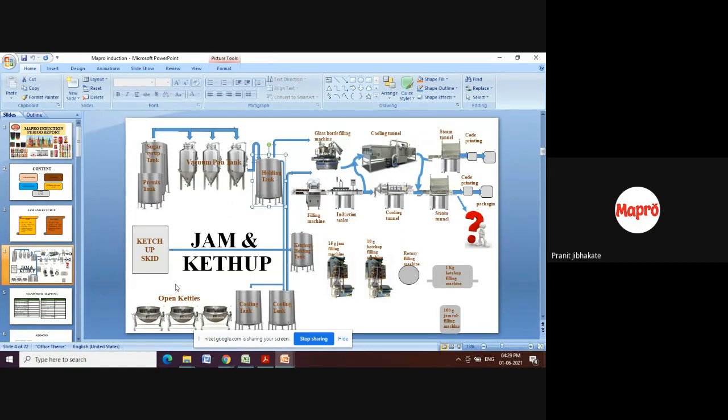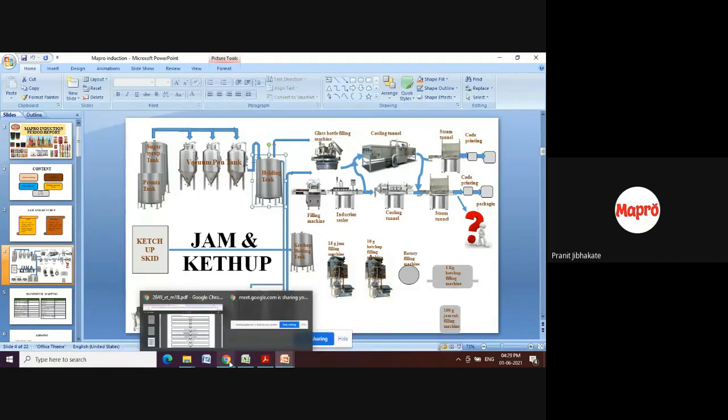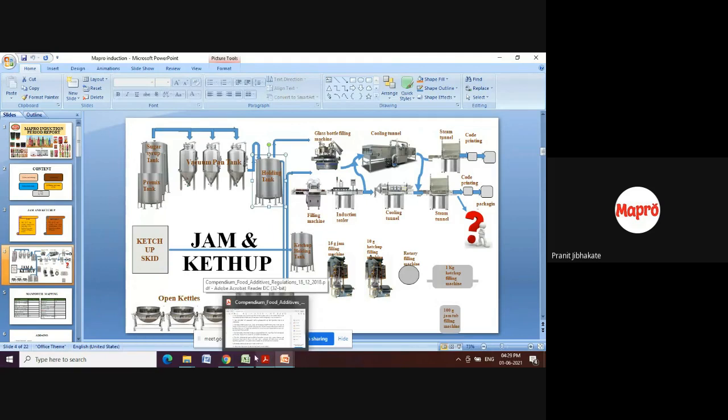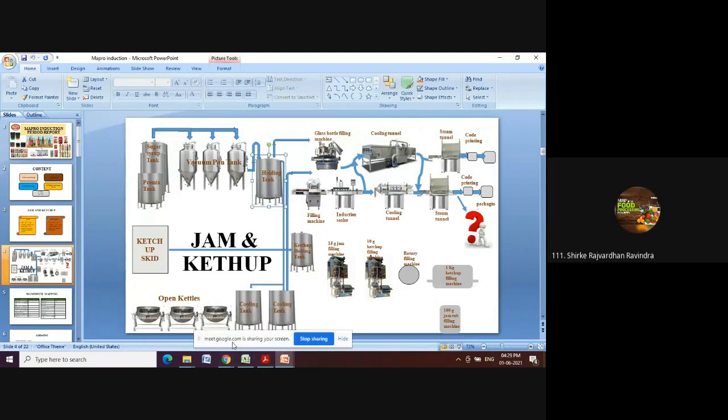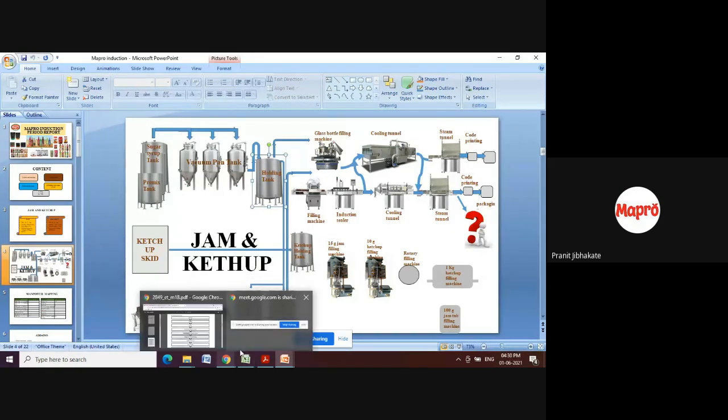Can anyone tell me what is the difference in cooking in open and vacuum pans? Anyone from students? Pressure is maintained in vacuum pan, closed pan.